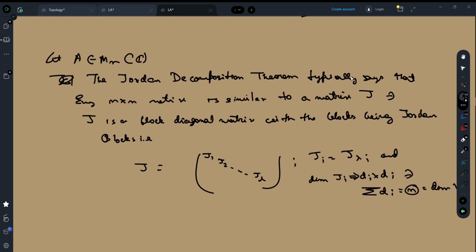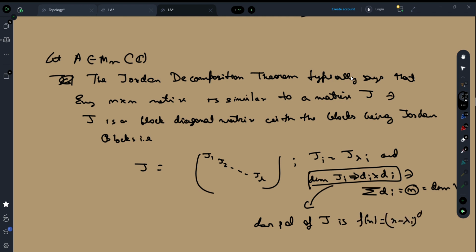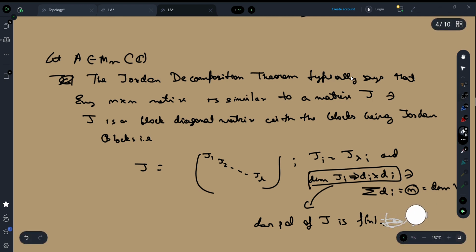This has a very important characteristic: if the dimension of each of these Jordan blocks Ji is di, this actually happens when the characteristic polynomial of J is of the form f(x) equals the product of (x minus lambda i) to the power di.